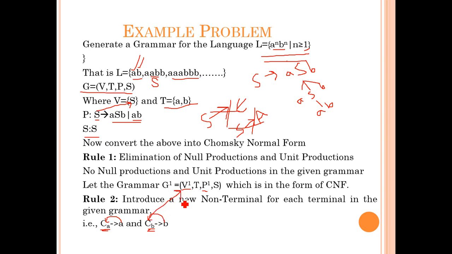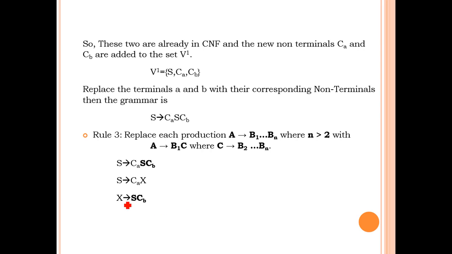So V dash is equal to, already we have S, and the new ones, CA and CB. Replace the terminals A and B with their corresponding non-terminals. A is CA, B is CB.